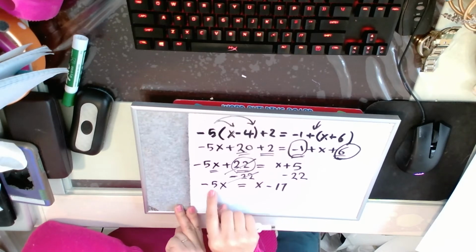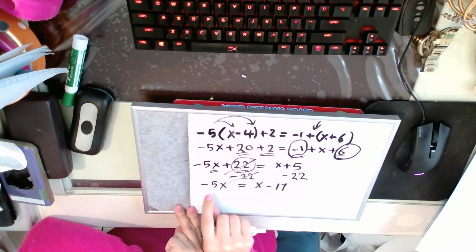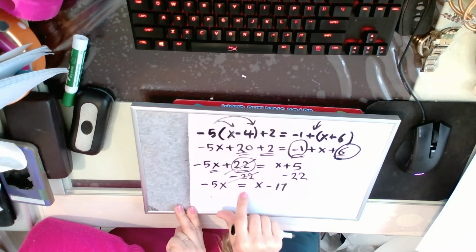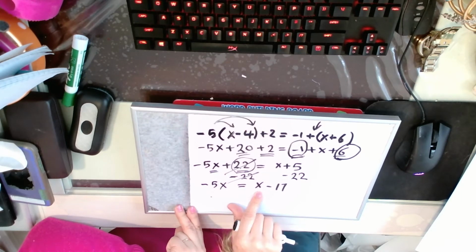So did you see 5 here? And we have x here, so we're gonna move this x to the other side.